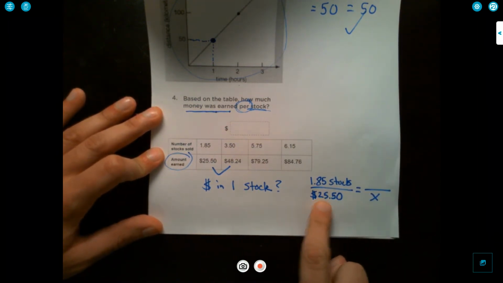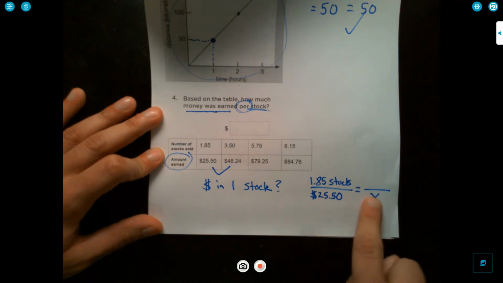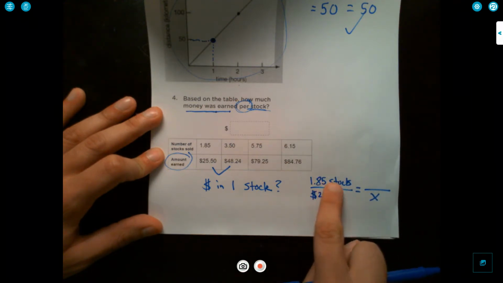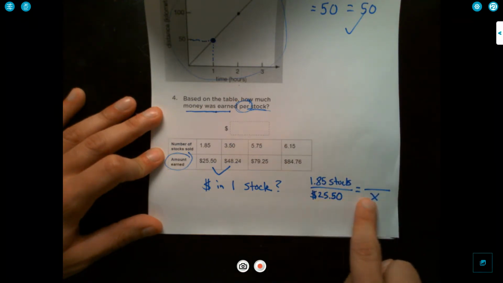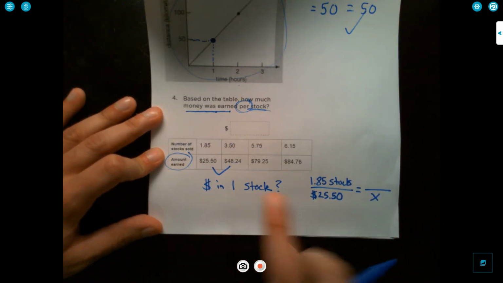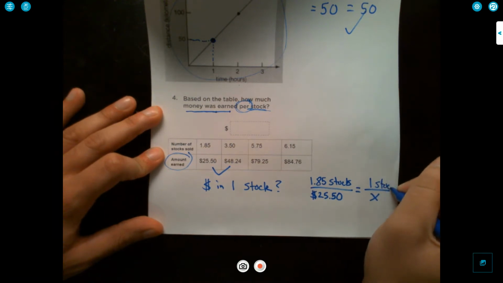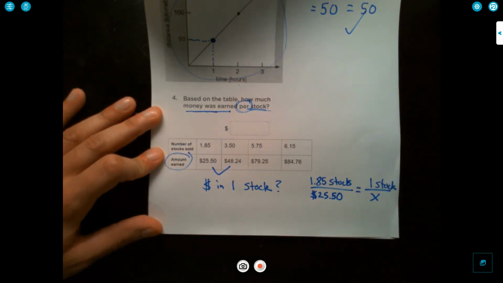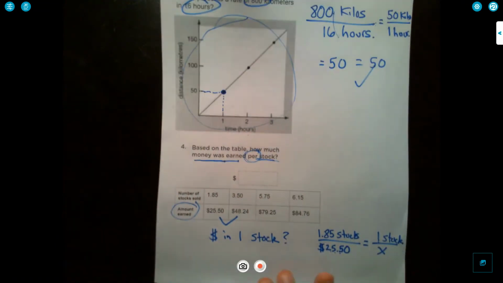Remember, keep your labels in the same row. Anything I associate with stocks is going to go up here, and anything I associate with money is going to go down here. We're looking for money in one stock, so I'm going to write one stock. Cross multiply and divide: 25.50 times 1 divided by 1.85.